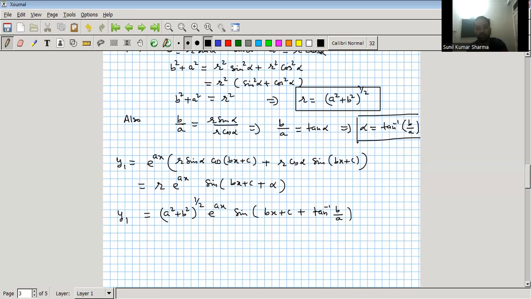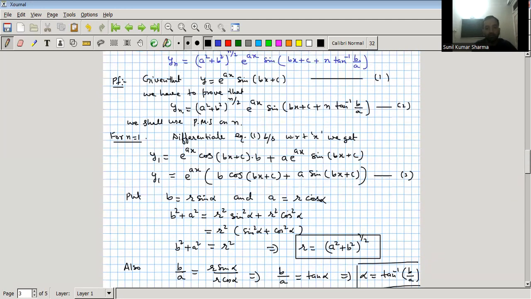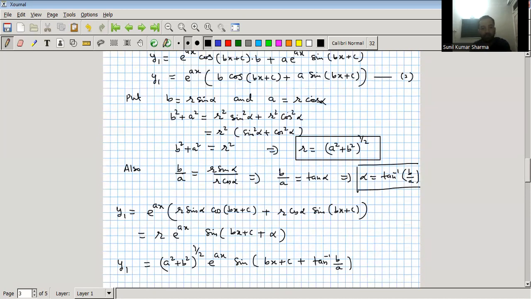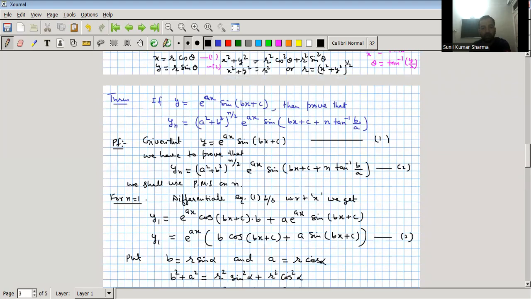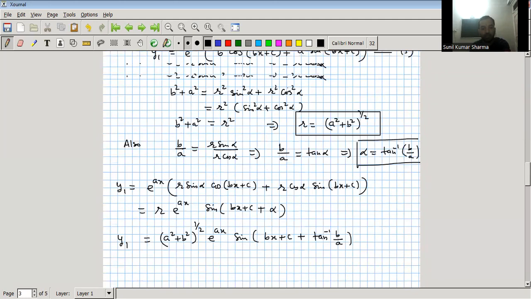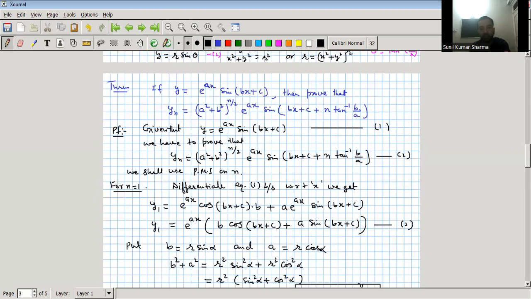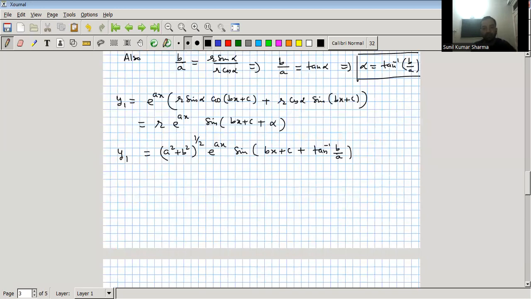If we compare this with yn, when we put n equal to 1, we get y1 equal to a square plus b square to the power 1 by 2 e to the power ax, sin bx plus c plus n times tan inverse b by a, with n being 1.